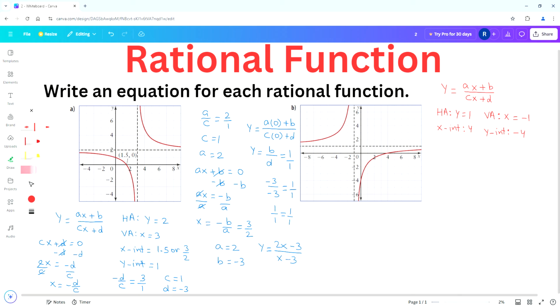Let's start by analyzing the vertical asymptote. From the general equation, we should set the denominator expression equal to 0 and solve for x.